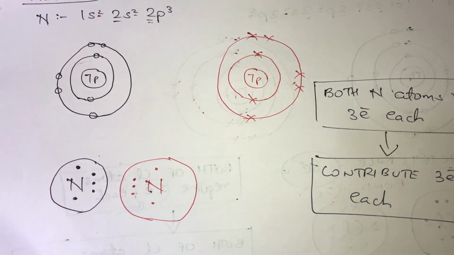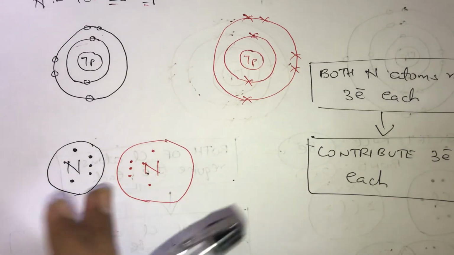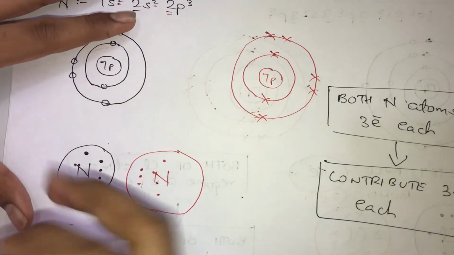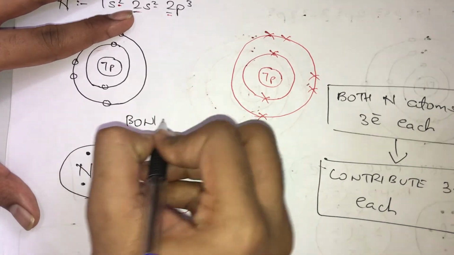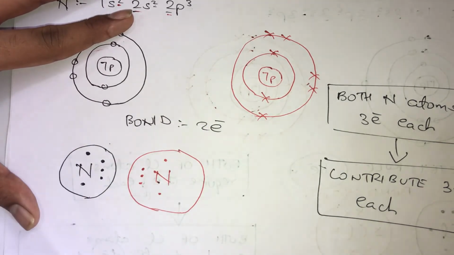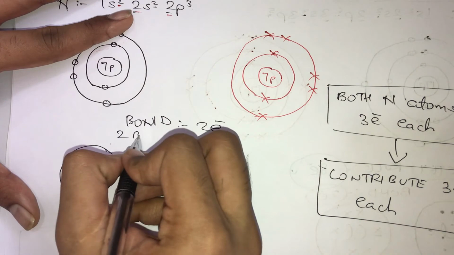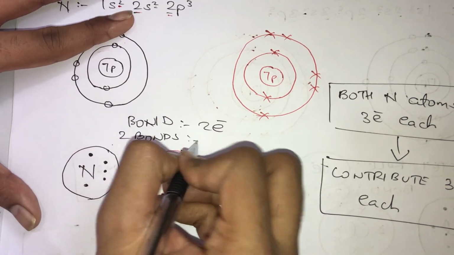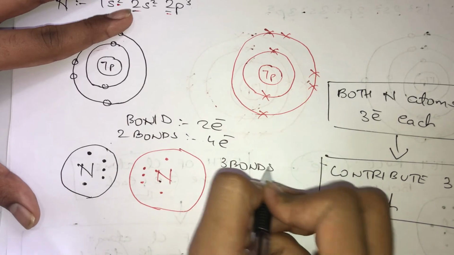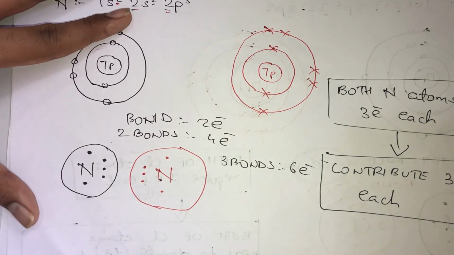Now let us see how they are going to form a covalent bond. Let me remind you, for the formation of one bond you require 2 electrons. For 2 bonds you will obviously require 4 electrons, and for 3 bonds you will require 6 electrons.